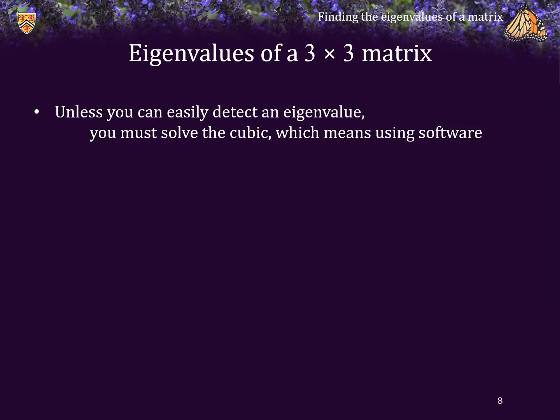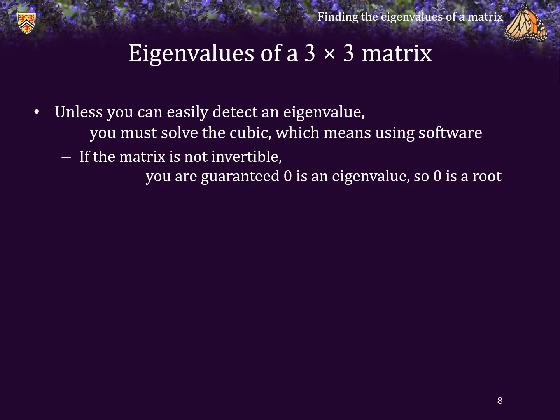Now, unless you can easily detect an eigenvalue, you must end up solving a cubic, which means generally using software. Now, if the matrix A is not invertible, you are therefore guaranteed that 0 is an eigenvalue, so 0 must be a root. Well, in that case, the characteristic polynomial may look something like this, where C1 is non-zero. Well, in this case, we can factor out a lambda, which means what's left is a quadratic.